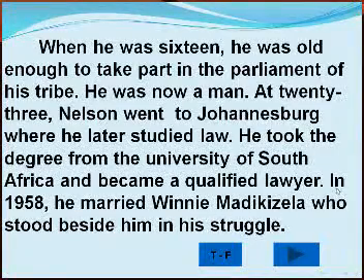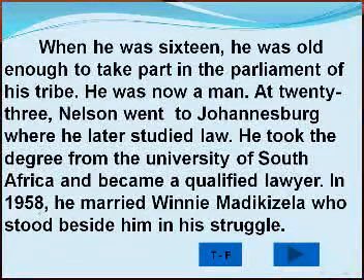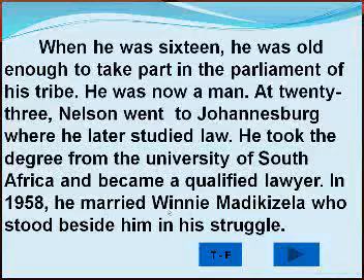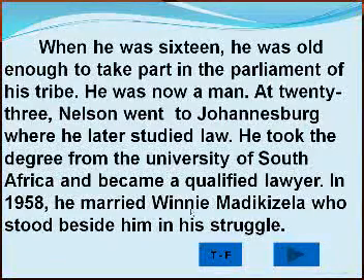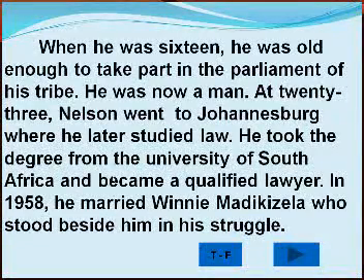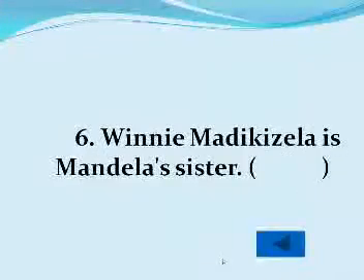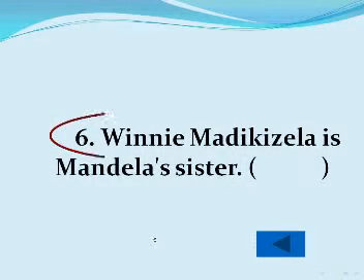But let's go back to the beginning of the sentence. In 1958, he married Winnie. He married Winnie. So the woman was not his sister, of course. She was his wife. Okay, let's go back to the question. So is she his sister? Of course not. That's not true.